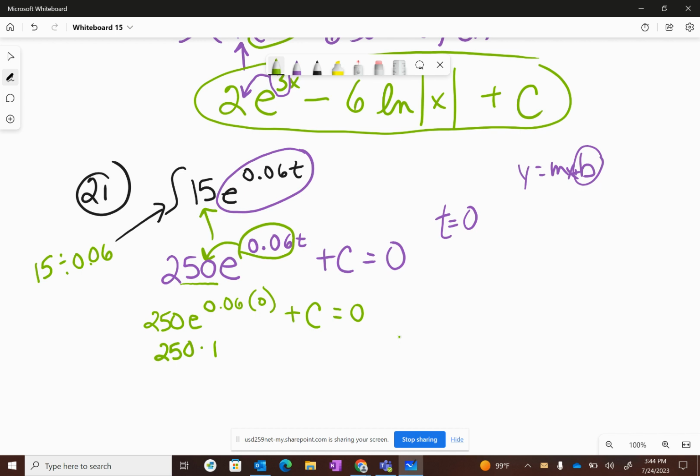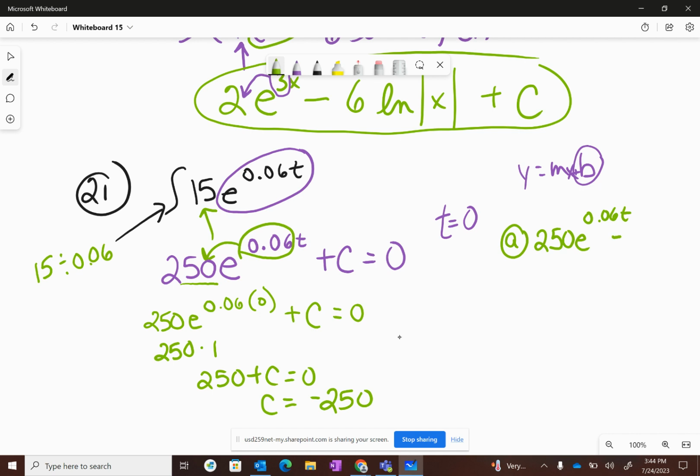So 250 times 1 is 250 plus something equals 0. So I have to subtract and realize that c is going to equal a negative 250. So for part A, I'm using my formula that I took the integral of, and I'm adding the minus 250.